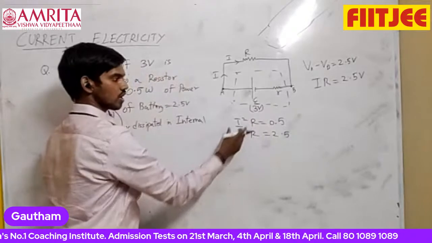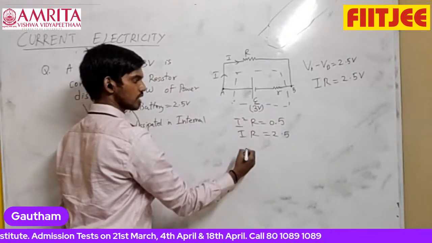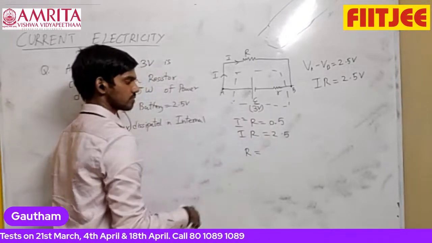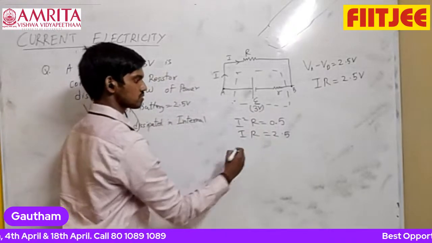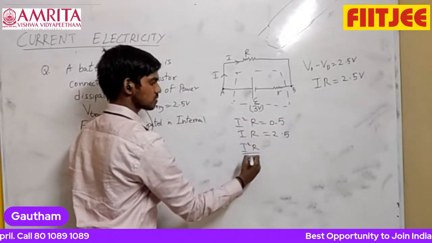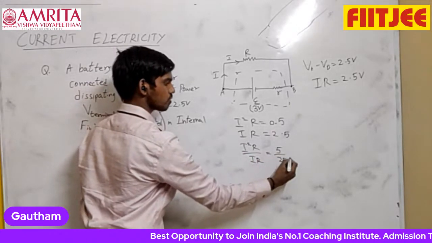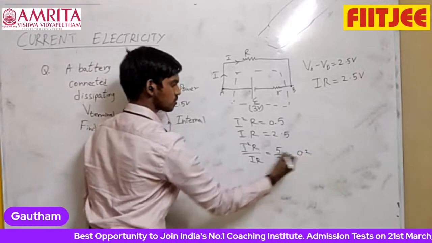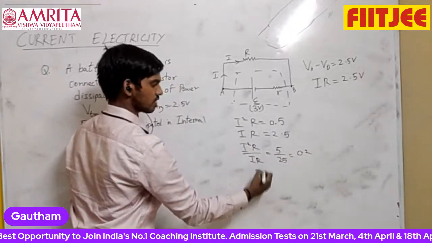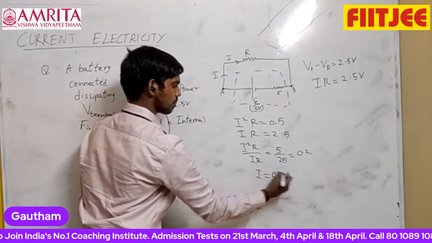Divide both: I square R divided by I R, you will get I, which is equal to 0.5 by 2.5, 5 by 25, 1 by 5 or 0.2. Here I R gets cancelled. So I is equal to 0.2 ampere, immediately.